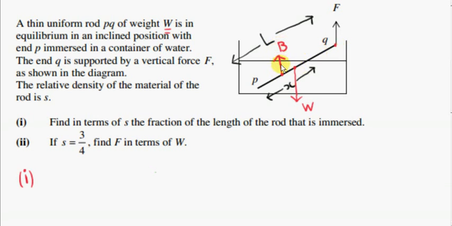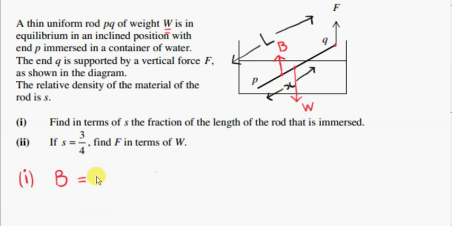Okay, normally we start by getting B in terms of W. B, by Archimedes' principle, is the weight of liquid displaced by the immersed rod. Well, that's equal to the volume of the immersed rod times the density of the liquid displaced.